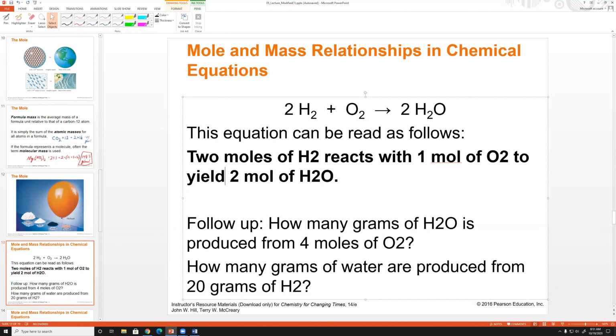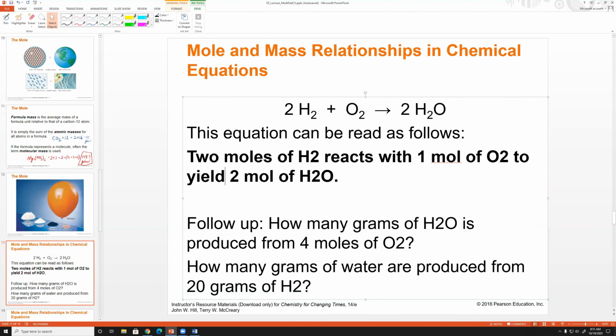Now this balanced equation tells us that 1 mole of O2 creates 2 moles of H2O. If 1 mole of O2 is responsible for 2 moles of H2O, then how many moles of H2O is formed from 4 moles of O2? 2. Not 2. 8.